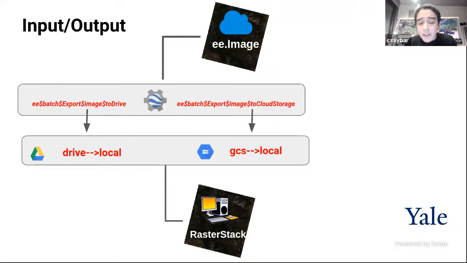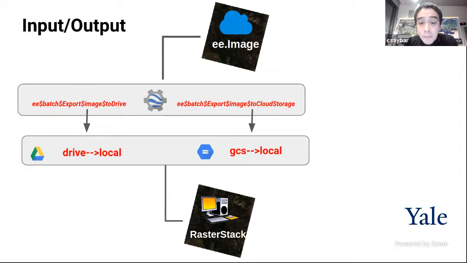So in Python, unfortunately, in Google Earth Engine, we just have functions to move this image to intermediate containers like Google Drive and Google Cloud Storage. And if I want to move this image from Google Drive to our local environment, we need to develop some kind of function.